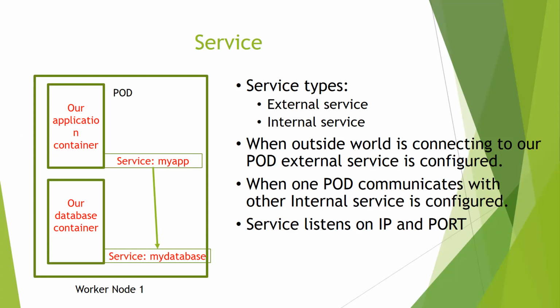And service has two types: external service and internal service. So what's an internal service? We have our database. We don't want to expose our database to the whole world, so we will attach an internal service to it. And the app is our website. The external world wants to communicate with our app because they want to see our website or our app.